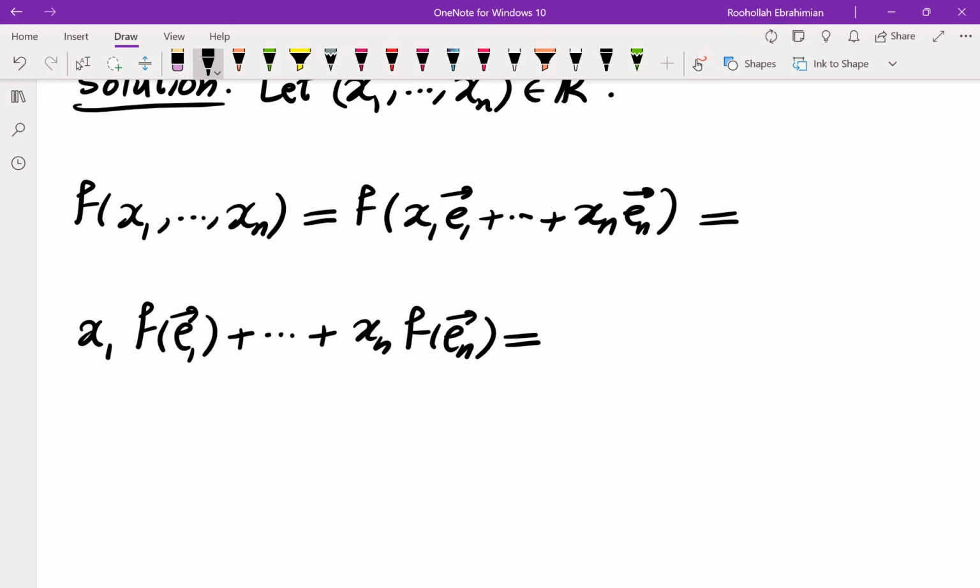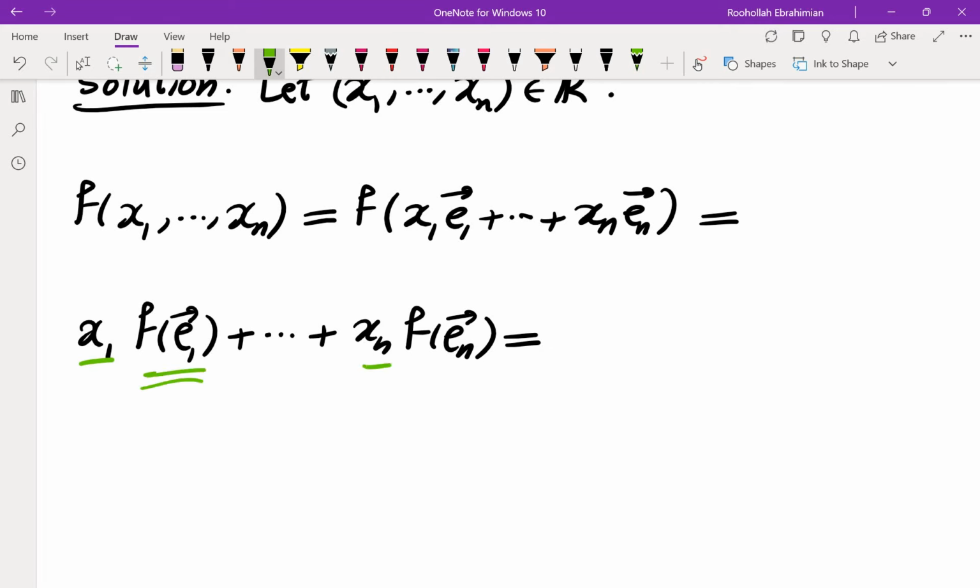Now, this is interesting because this is exactly the dot product. If you look at the vector x1 through xn and look at the vector whose components are f of e1 through f of en, this is exactly the dot product of these two vectors. So what does that mean?